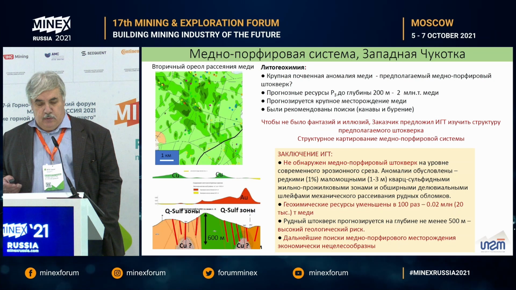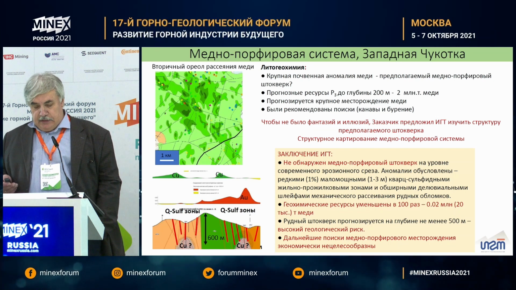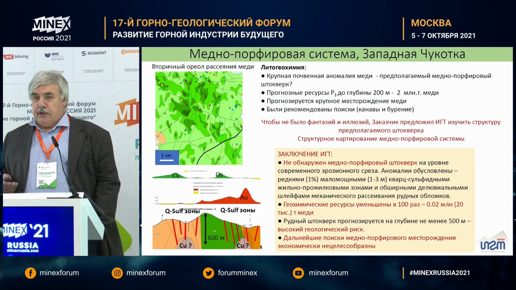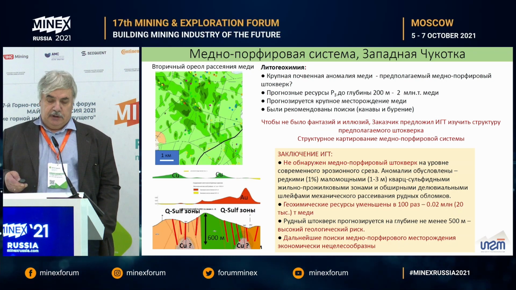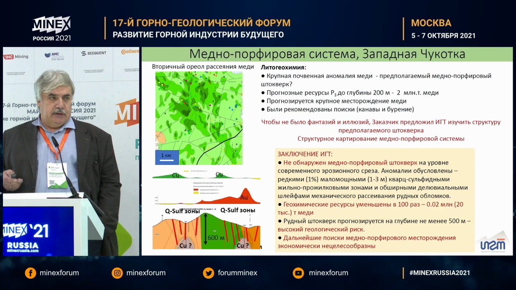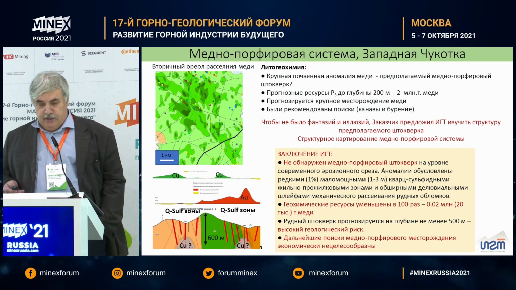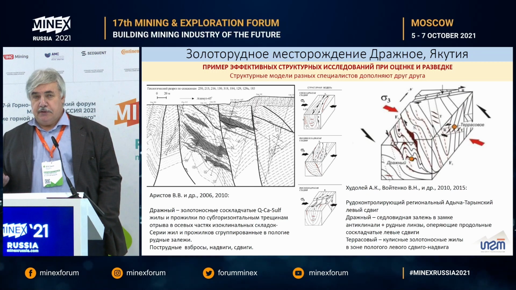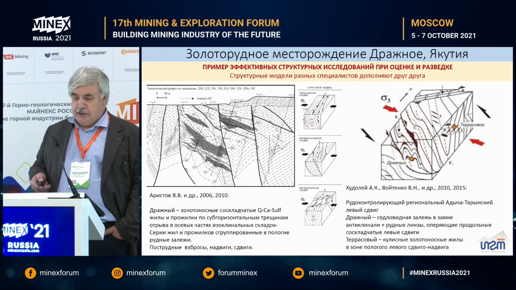We changed the geological model, and resources were reduced substantially, perhaps more than 10 times, and the customer decided to discontinue the works, as there were too many geological risks that this deposit is feasible from an economic viewpoint.